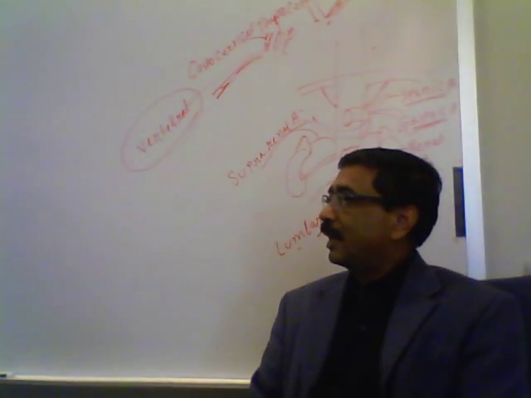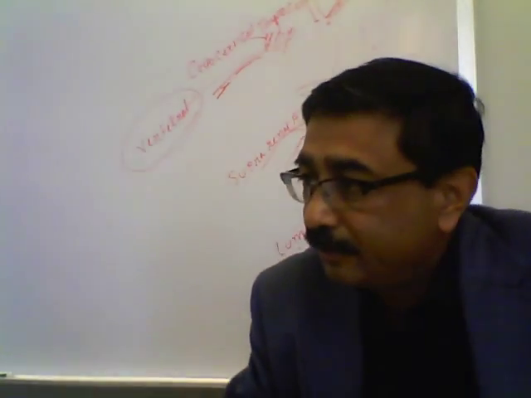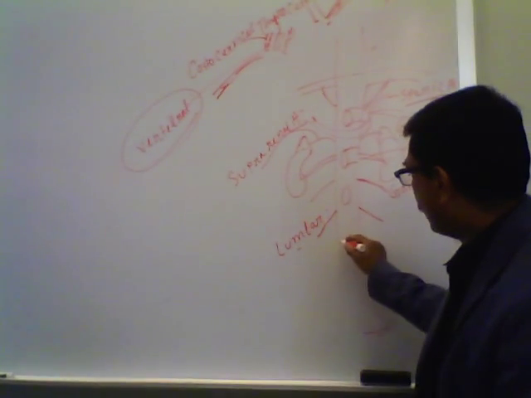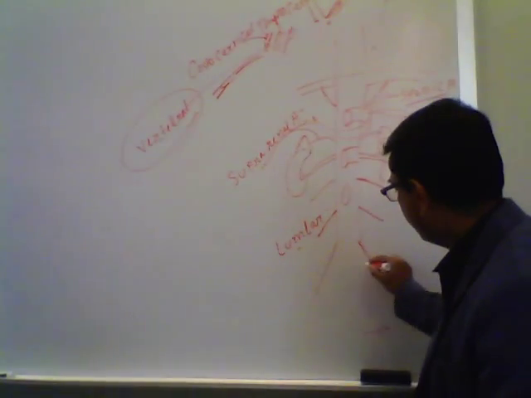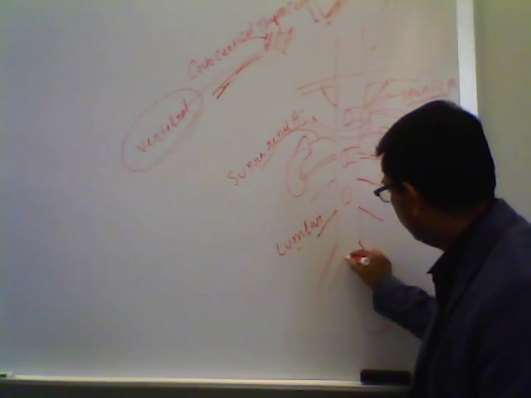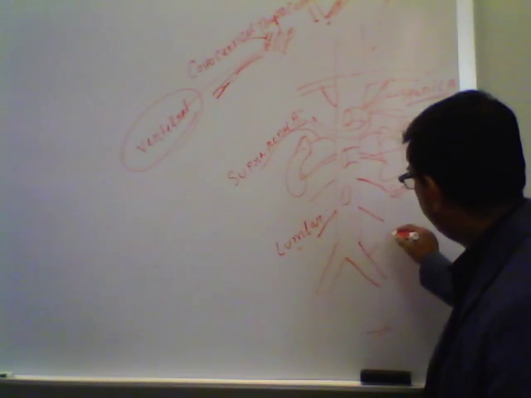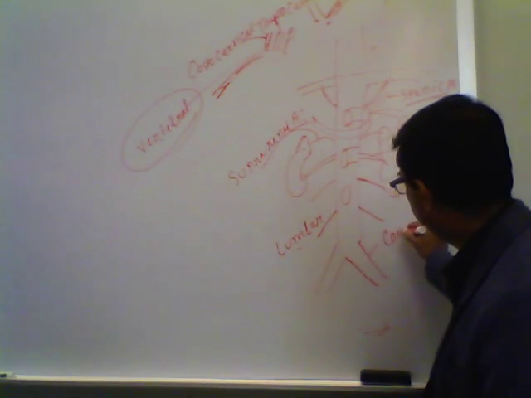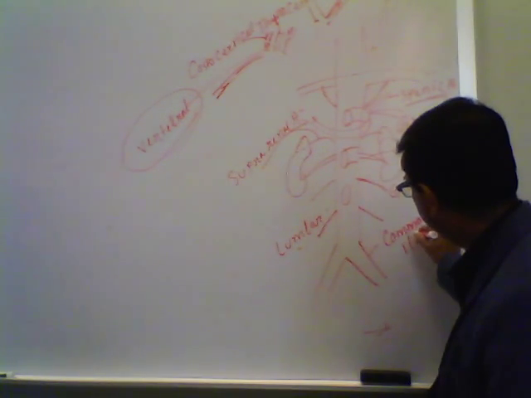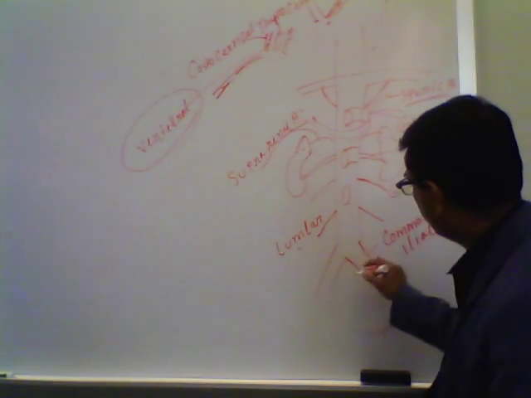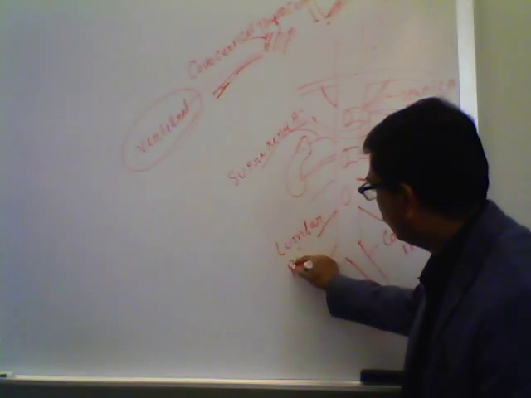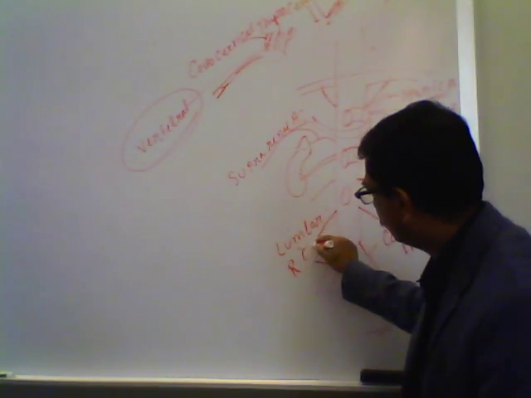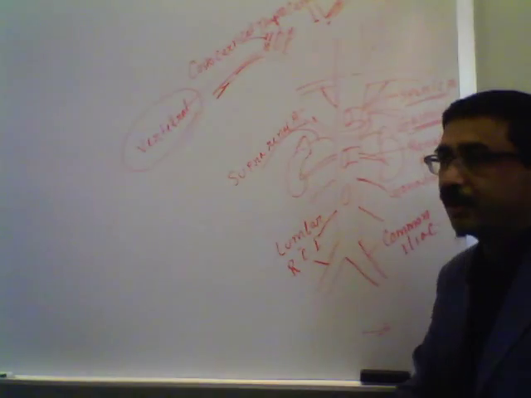Now, what happens? The lower end of the abdominal aorta divides into two common iliacs, right and left. Right common iliac, left common iliac.